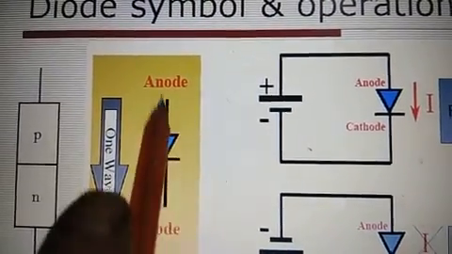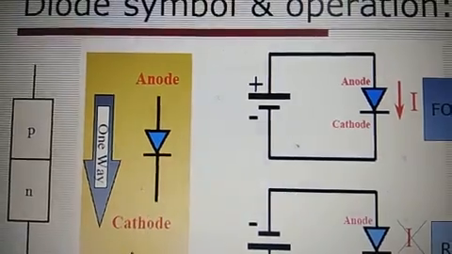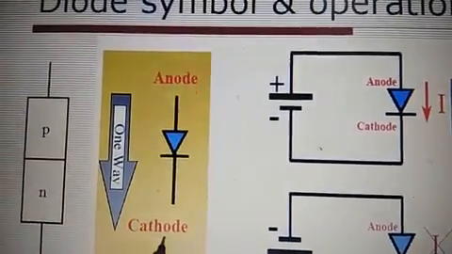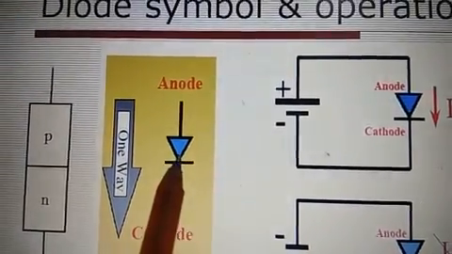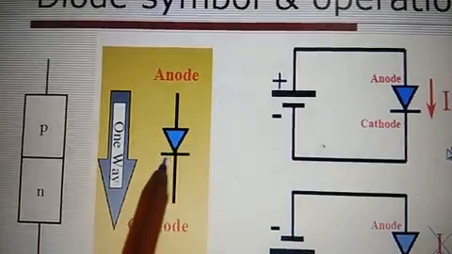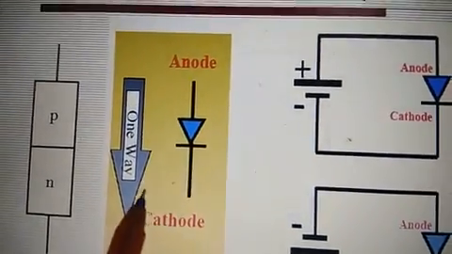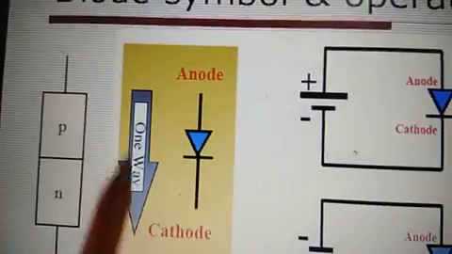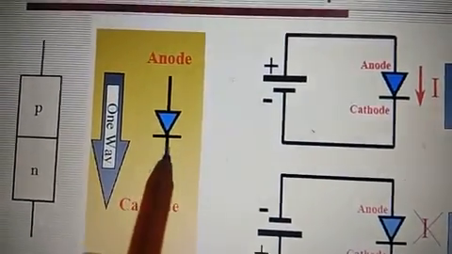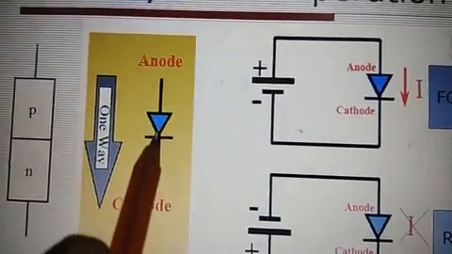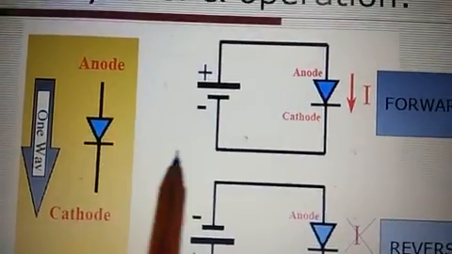The arrow side is the positive side, called the anode, and the line side is the negative side, called the cathode. The arrow indicates the direction of the flow of current through the diode, from positive to negative. This is called one way flow, and hence this symbol is used for a diode. Two electrodes, and this is P-type and N-type semiconductor.